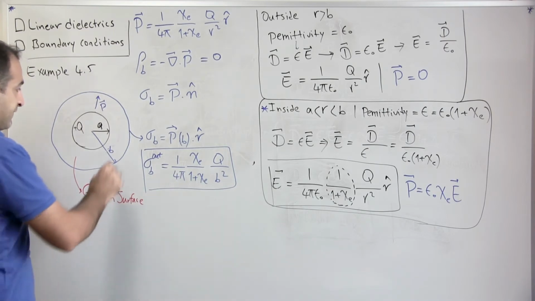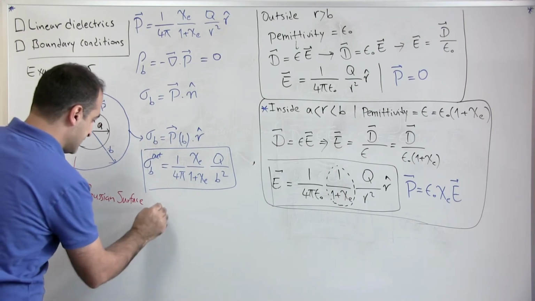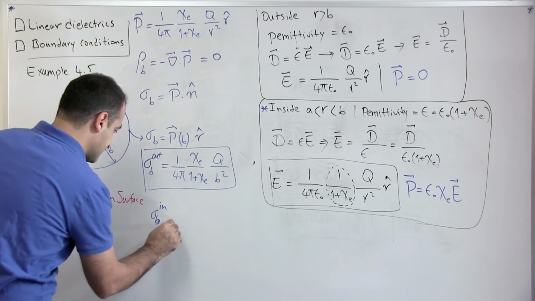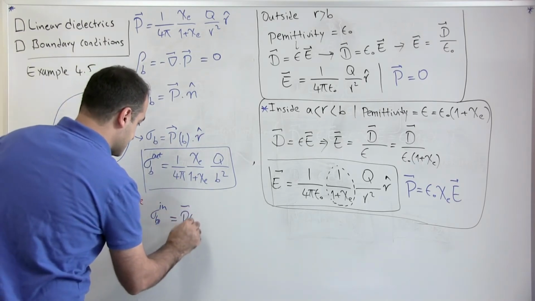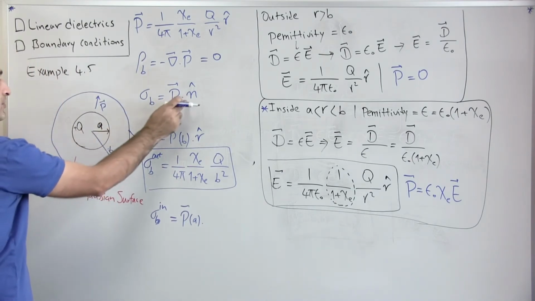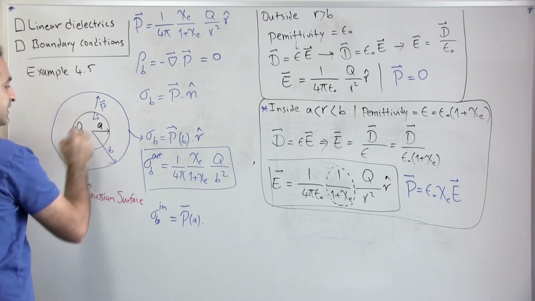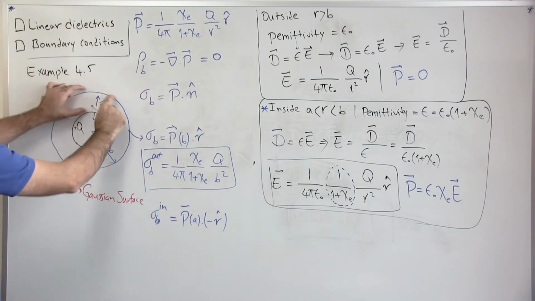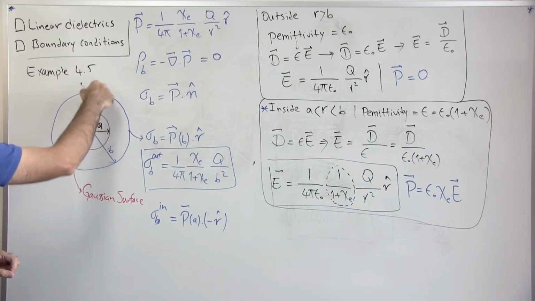If we look at the charge accumulation on the inner surface, sigma A, the bound charge on the inner surface, we have exactly the same thing, except that we are looking at the surface at the radius A, and the normal vector to the surface is actually pointing inward. And that is actually negative R hat, because this is the volume of the dielectric, and we are looking at the surface pointing inward.